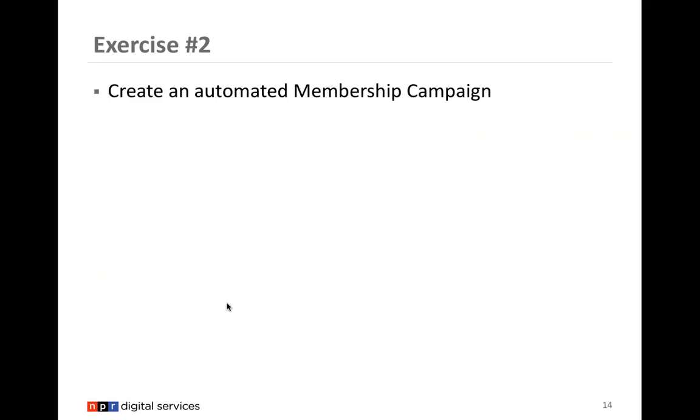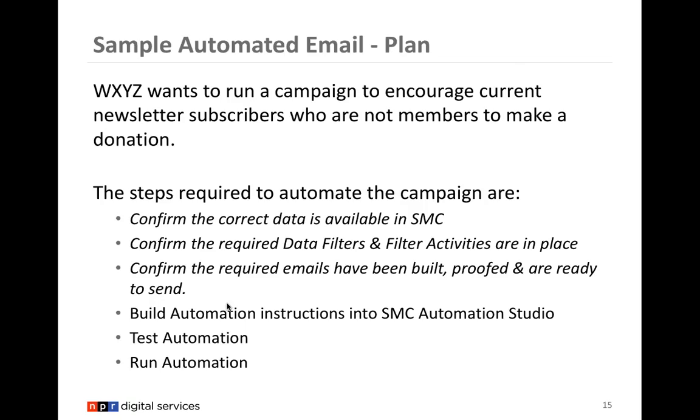Before we jump into our second exercise, which is to create an automated membership campaign, let's set the scene of what we're talking about again. As we were just talking about, run a campaign to encourage newsletter subscribers who are not members to make a donation. And we're assuming that we've already done some of our homework to get ready for setting up the automation.